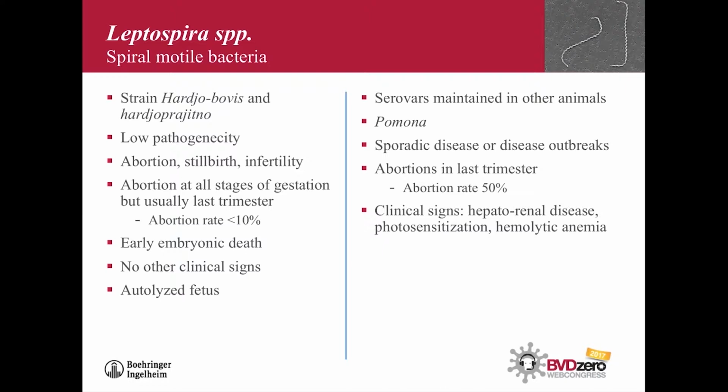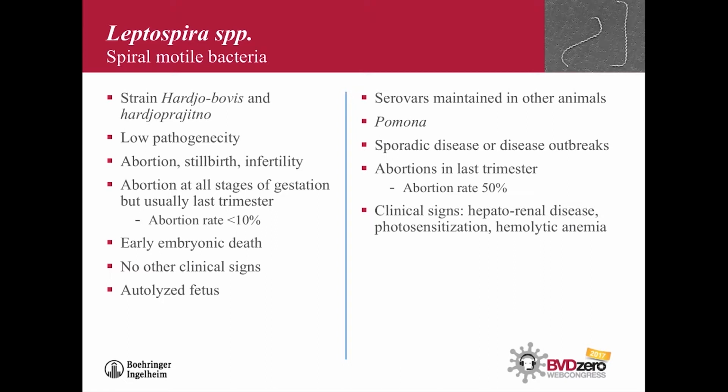If we consider the right half of the slide, though, we see a very different picture with species of lepto that don't, in essence, grow well or cause this endemic disease. They cause very significant disease when we consider serovars that are maintained in other animals, such as Pomona, often found in pigs.